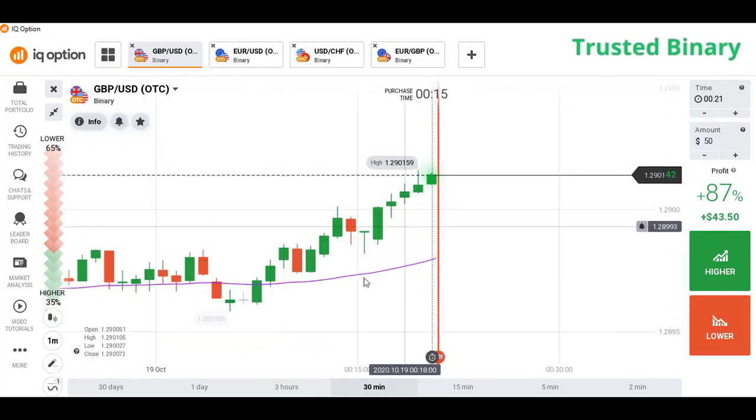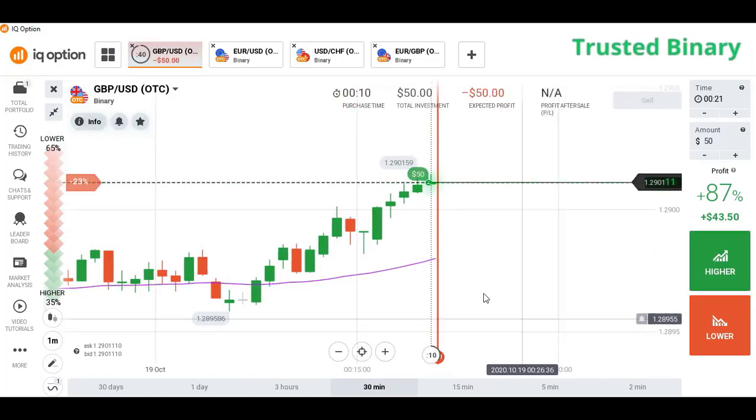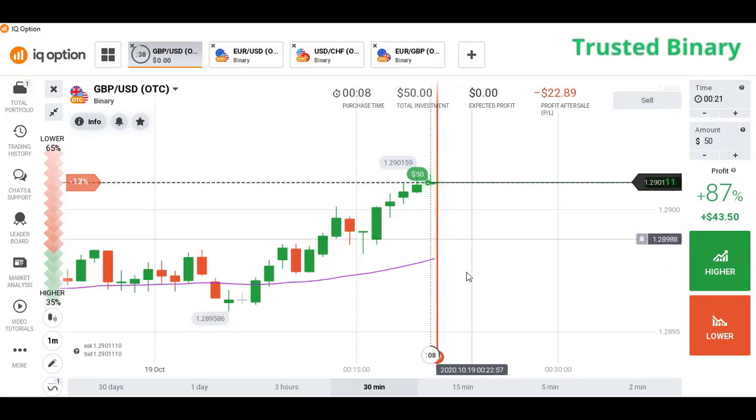and an uptrend, a strong uptrend here. Yes, I take my trade in the higher direction.